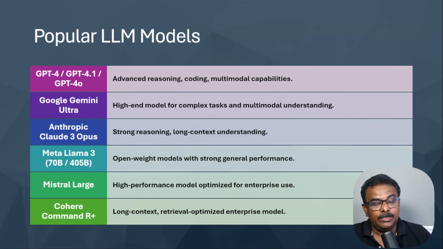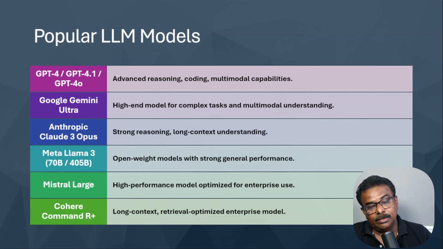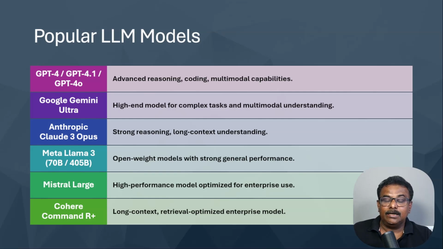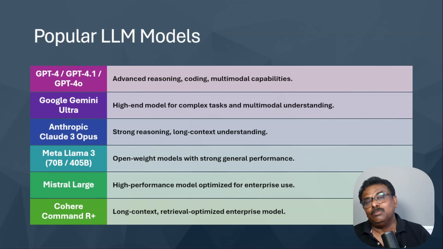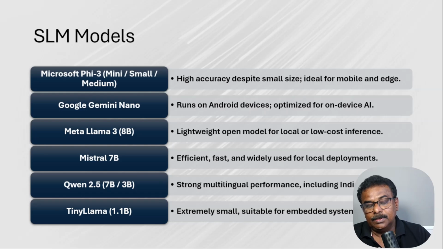And similarly, Google Gemini Ultra is used when you need a high-end model for complex tasks and multimodal understanding. So basically, most of the LLM models have more capacity and can do very complex tasks. The next model we are talking about is SLM, the small language model.